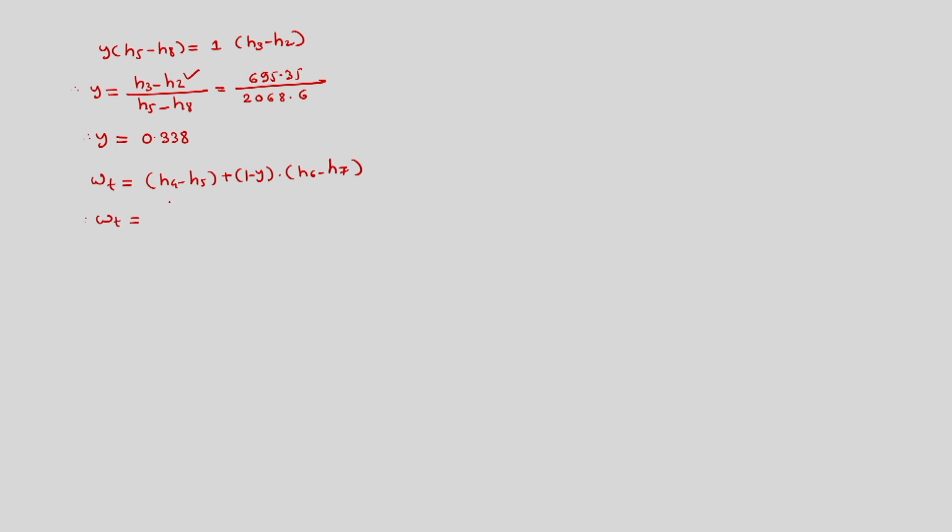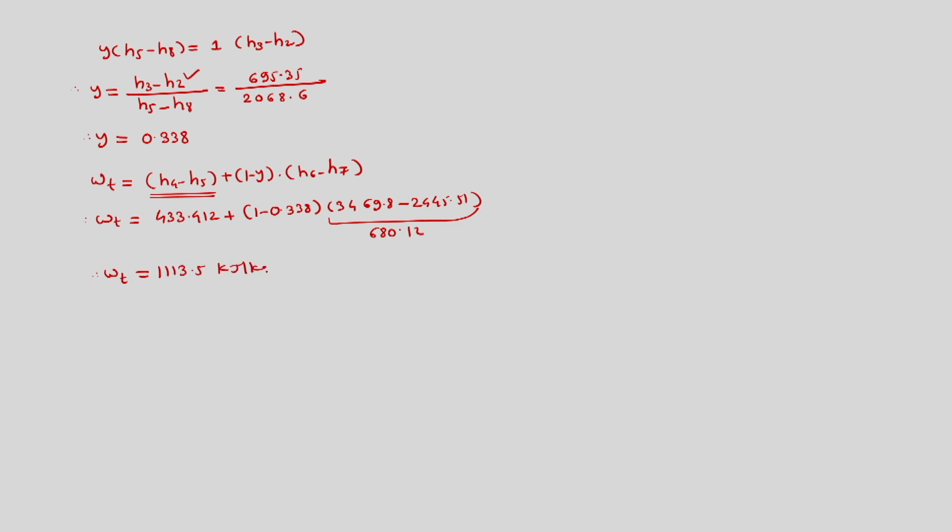So turbine work is H4 minus H5, which is 433.412, plus 1 minus 0.338, into 3469.8 minus 2445.51, and this basically is 680.12.